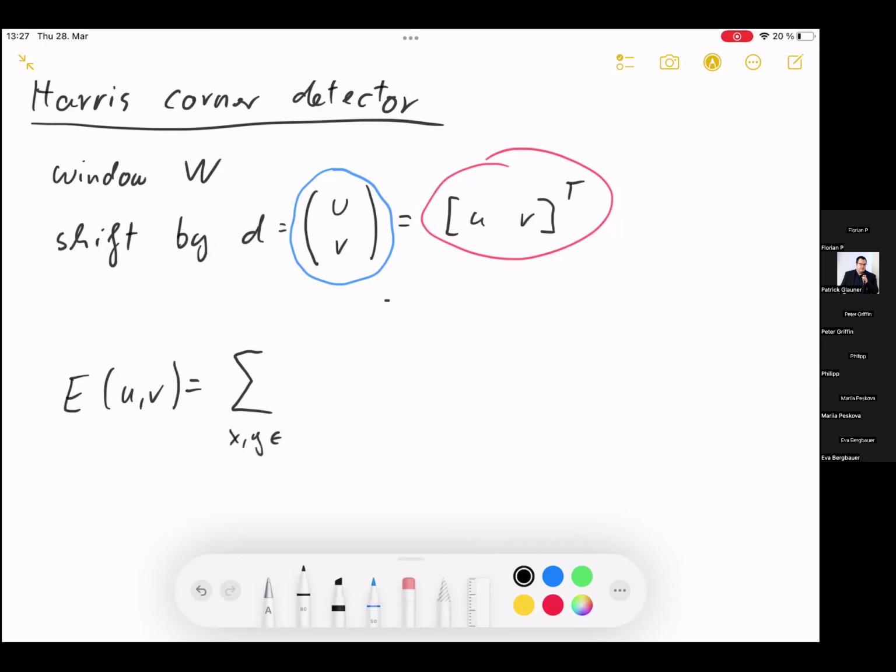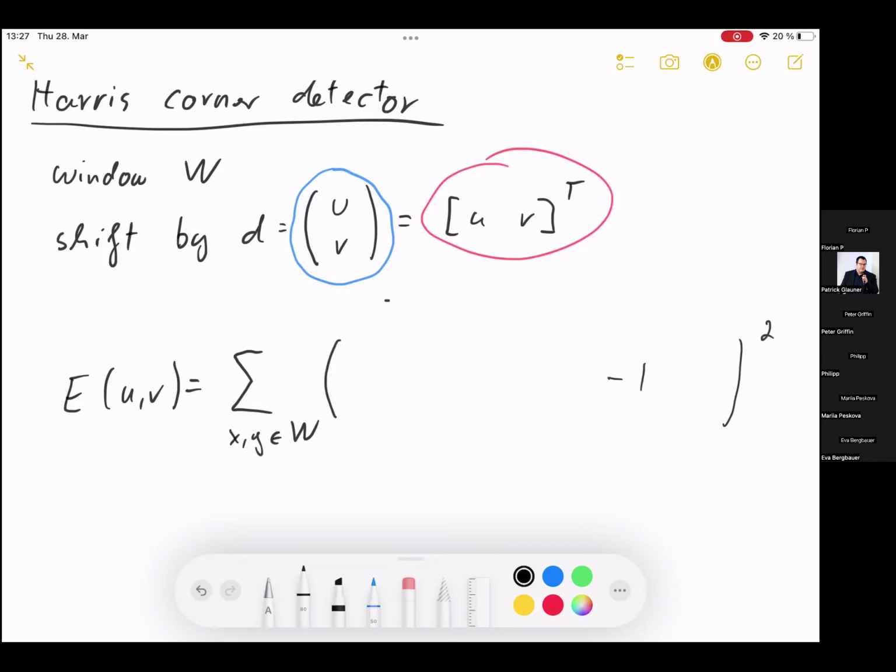And I have my window, and remember the window is a small number of pixels in my image, and I move this window around, and I can go through all the pixels in the window. Each pixel has a coordinate x and y. And I want to calculate a difference in here and then square the difference.